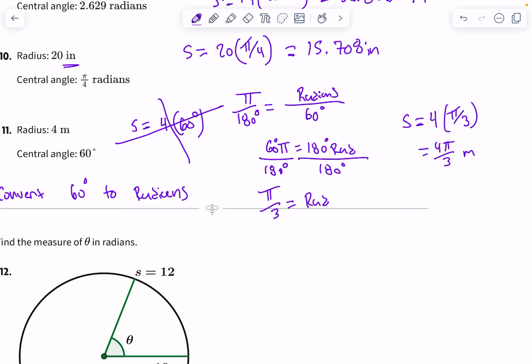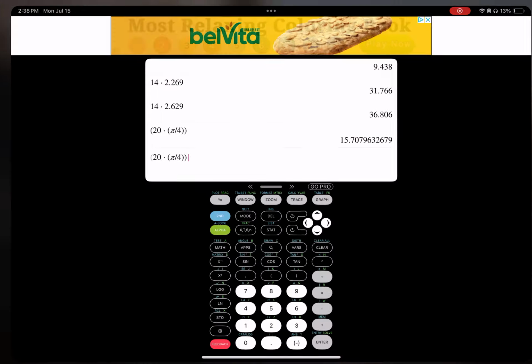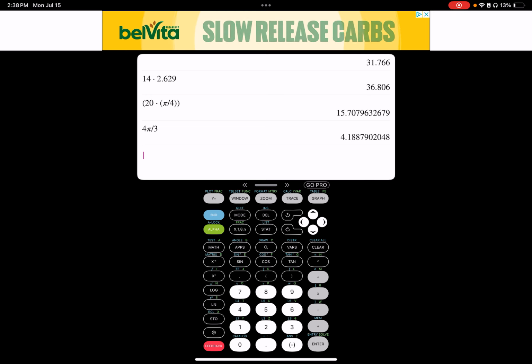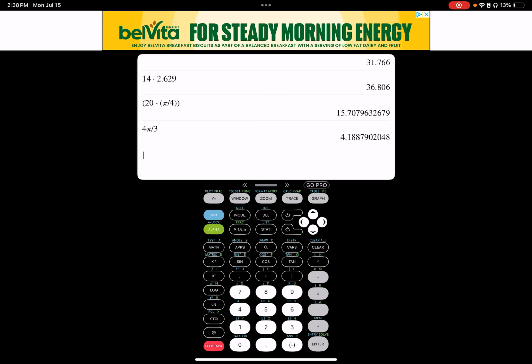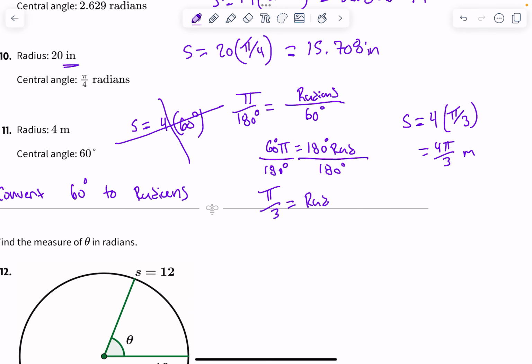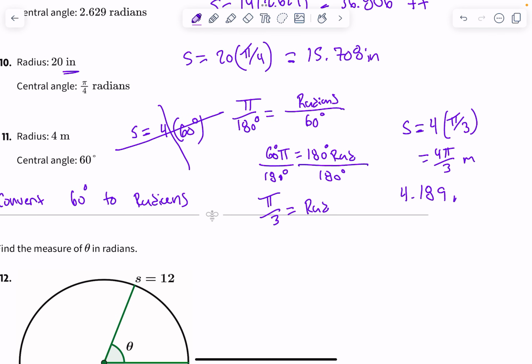Let's not just leave it like that, so let's multiply it out. 4 pi over 3 is 4.189 meters, because I'm using 3 decimals.